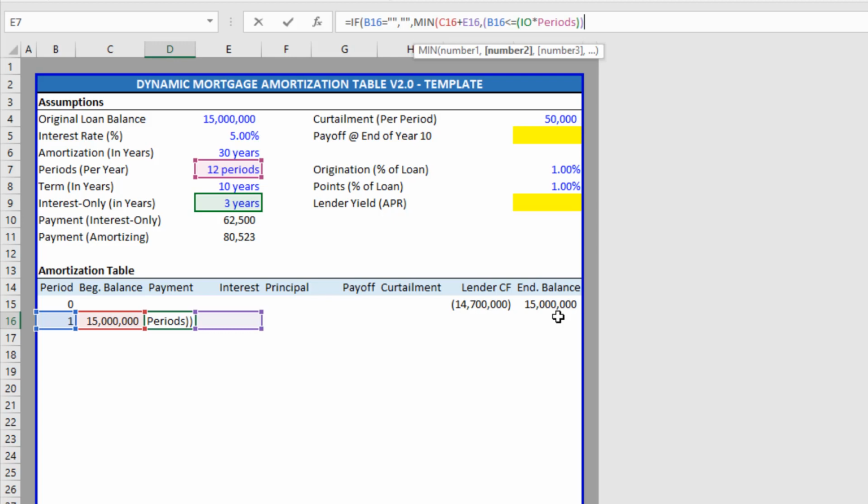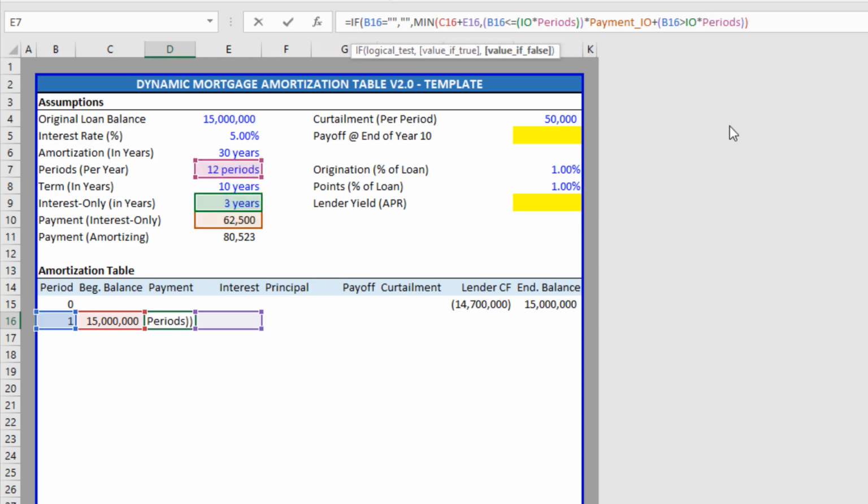We simply multiply that logic by our IO payment. And then we add that to what? Well, the same thing, but Boolean logic for if we're outside of the IO period. So we go open parentheses, ask, is the current period we're in greater than the IO in years multiplied by the number of periods in a year, close parentheses.